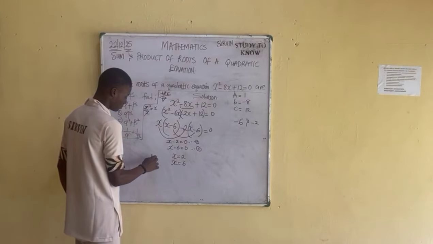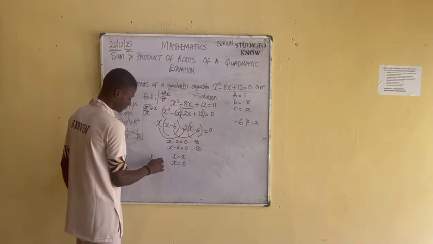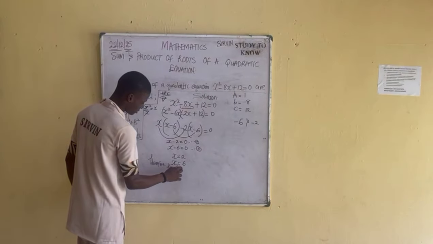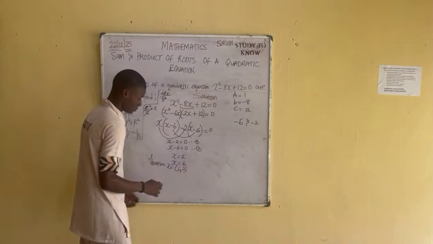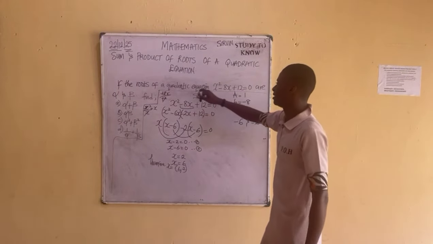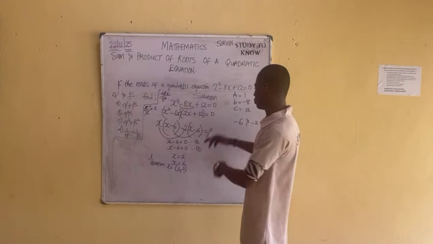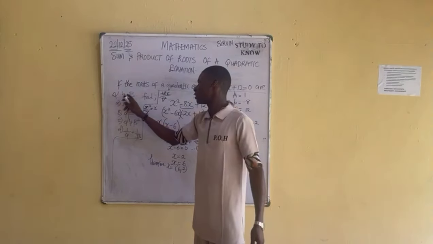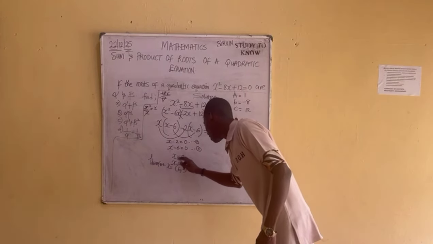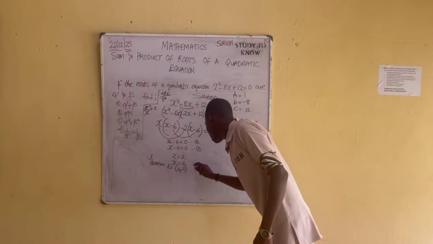Therefore, x is equal to 6, 2. But note that in the question, the roots are no longer x, but alpha and beta. So this simply means I'm going to replace this with alpha and beta.